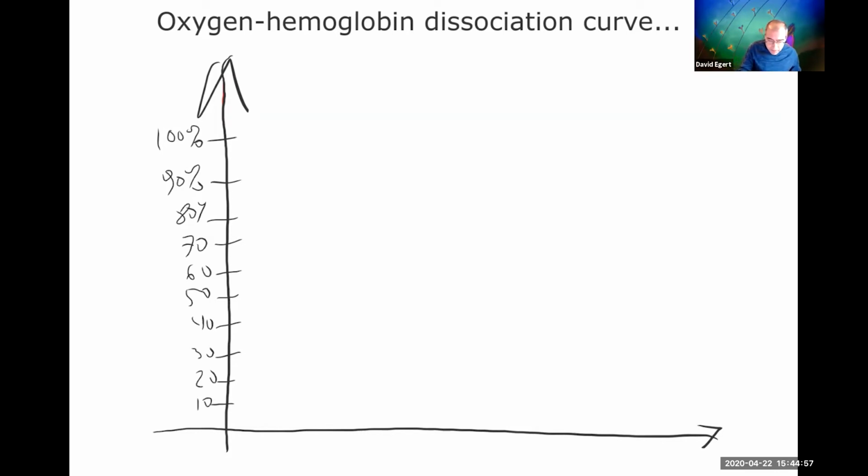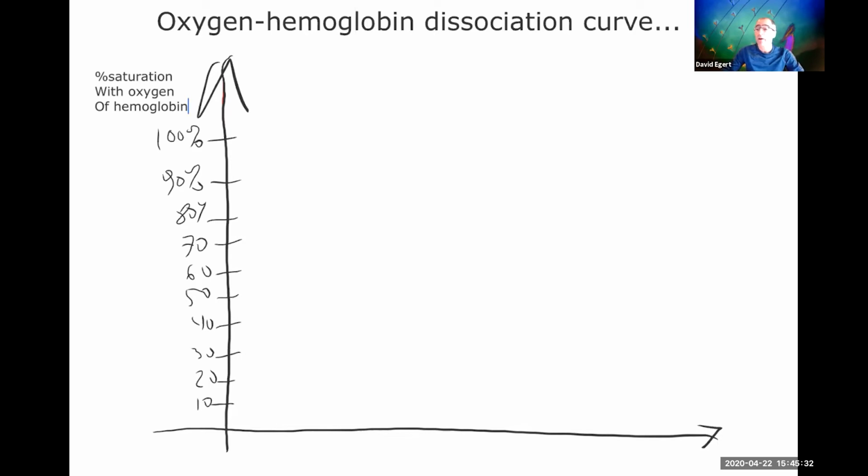So this axis here is going to be percent saturation with oxygen. Let me make it smaller so it fits on here. So basically this is saying how much of the total load possible.